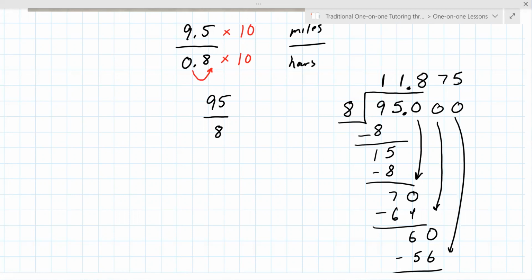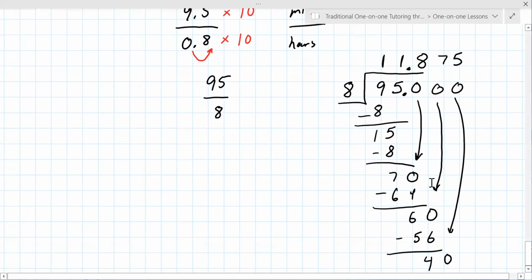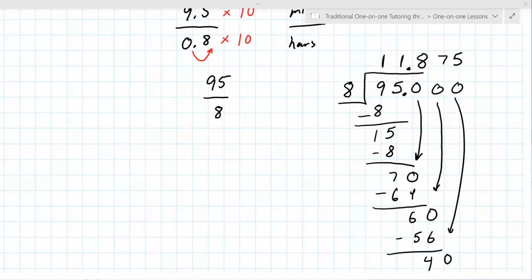Did you get 11.875? Yeah. Great. Okay, so the answer is 11.875, but it's miles per hour.